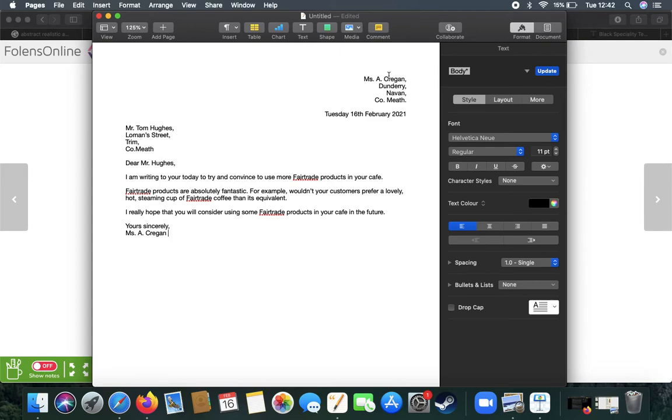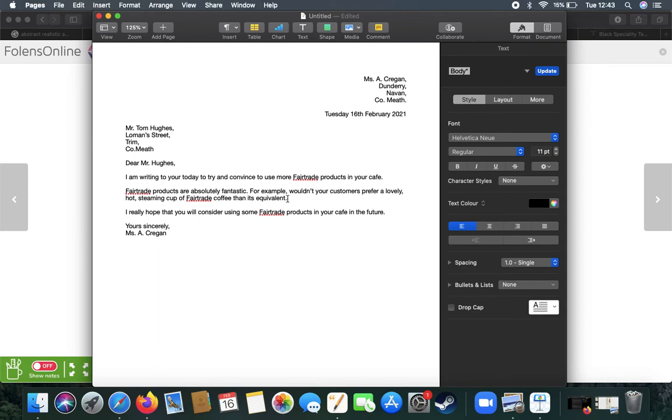So just to recap, my address goes over on the top right hand corner against the edge of the page, the day and date underneath that. So you skip a line though, you don't want to crush everything up. Skip another line, but come over to the left margin and write their address, the recipient who's getting the letter. Skip a line and write dear and their name. Skip a line, your first paragraph is literally just going to open up the letter to say why you're writing to them.